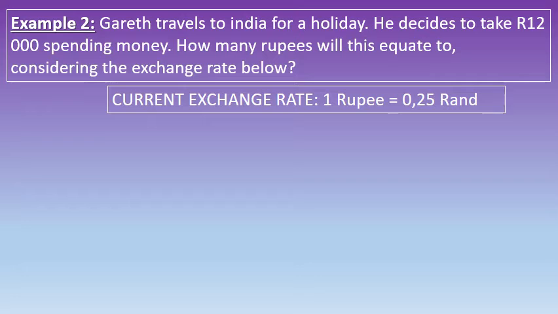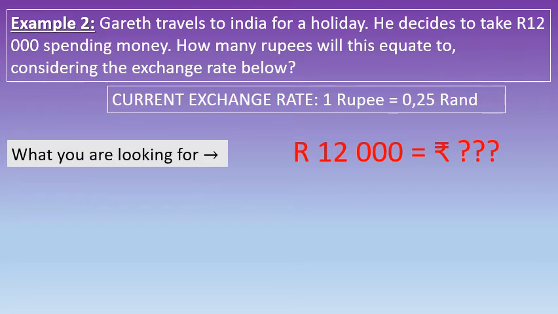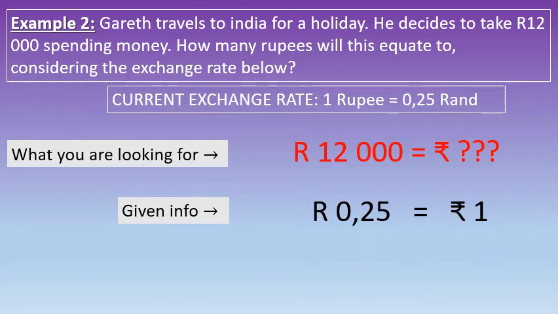Anyway, let's use our handy tool of divide down times up and write down the information that we want. All right, so if we are spending 12,000 rand, how many rupees will this be? That's why I've got the question marks by rupees. Let's write down the information we've been given. So that's 0.25 rands equals 1 rupee.